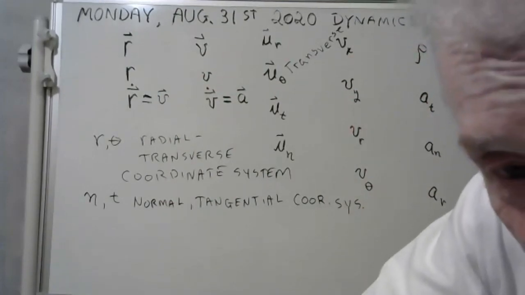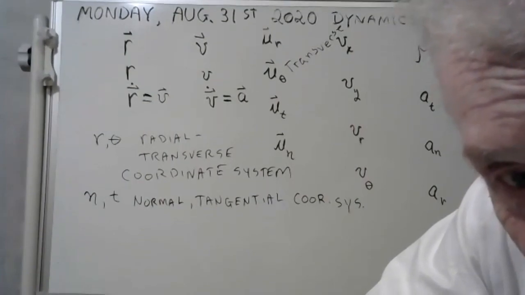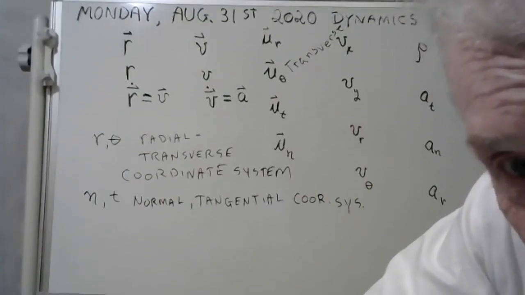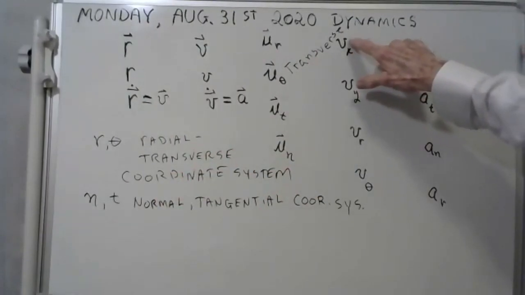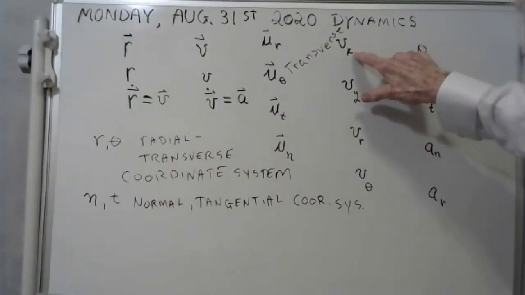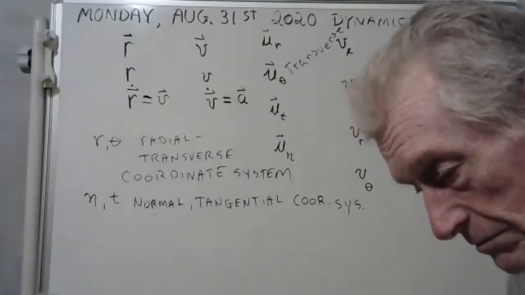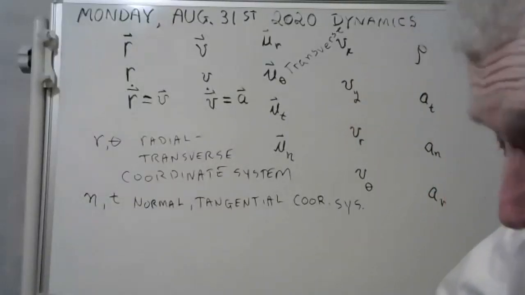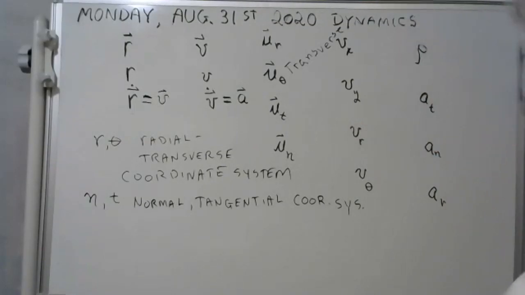Ryan, are you with me? Can you help us and tell us the name of this V with this little X underneath it there? Isn't it just the velocity in the X direction? That's it. You got it. It's the x component.